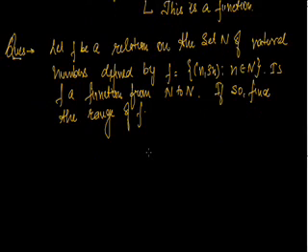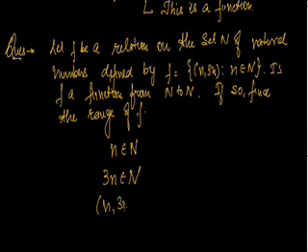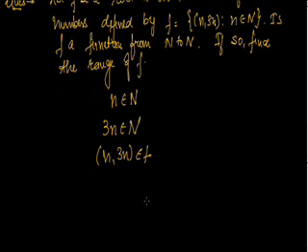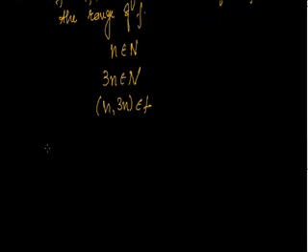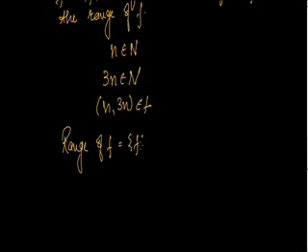Move to the solution. Here it is given n belongs to natural numbers. So there exists a unique image 3n that also belongs to natural numbers, such that (n, 3n) belongs to f. So f is a function from natural numbers to natural numbers. So the range of f will be equal to f of n, where n belongs to natural numbers.